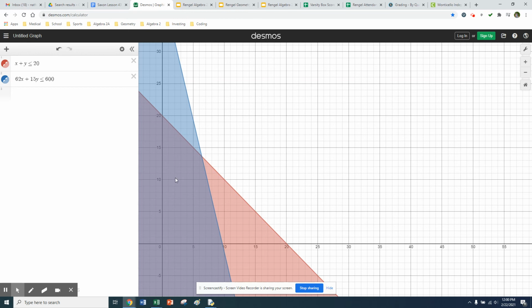That is going to keep you under 600, and it's also going to be under 20. So those are all your solutions for both. We're going to take this idea later on and use it for a concept called linear programming that we will take a look at later on in lesson 54.